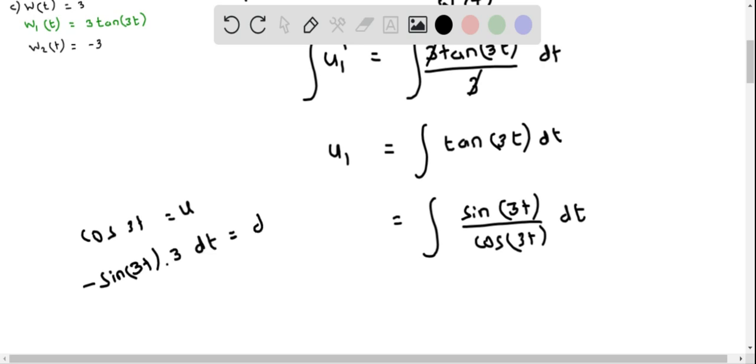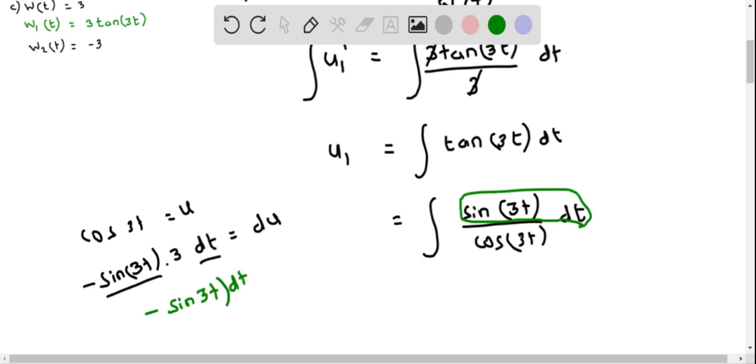I'm going to solve for sine 3t dt so that I can replace this over here. So sine 3t dt equals negative du over 3.